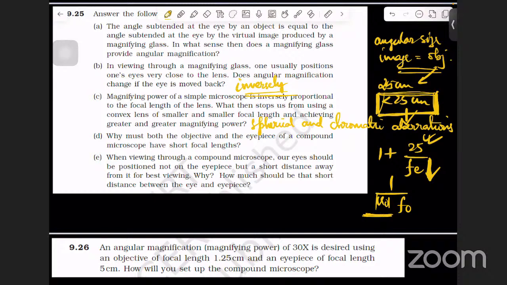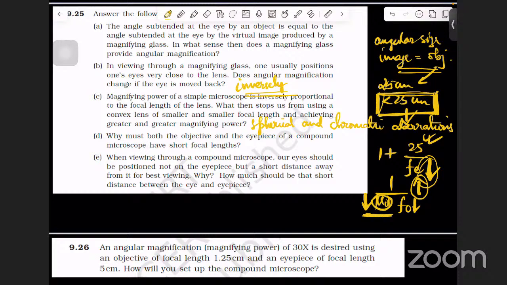So the object distance is very less. As u naught decreases, this f naught also decreases. Therefore, in the given situation, if we keep both small, then the magnification obtained will be very high.